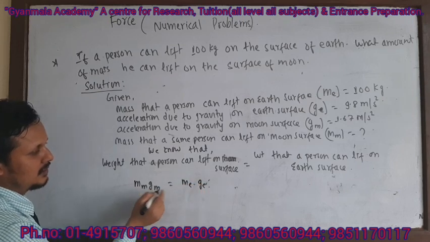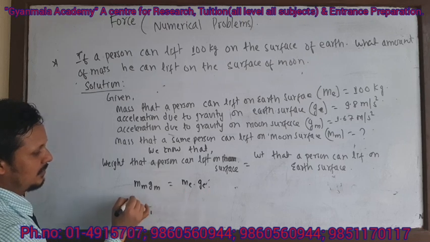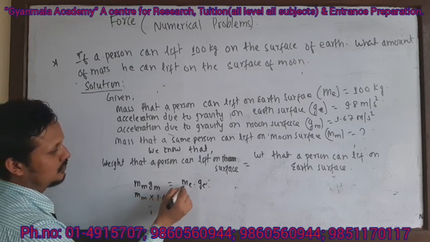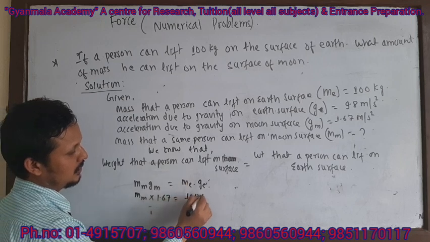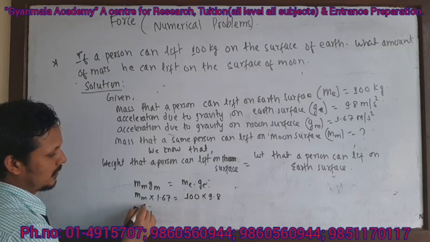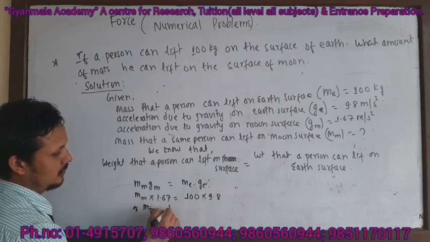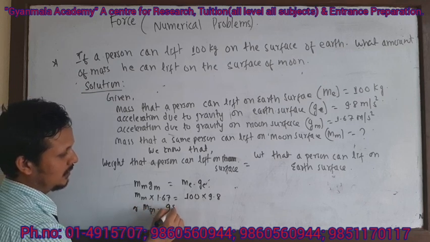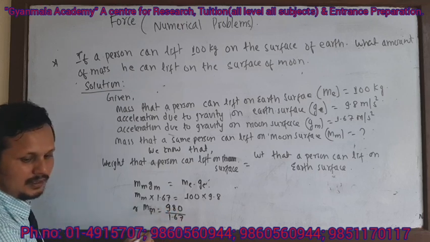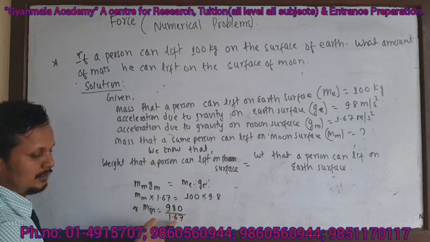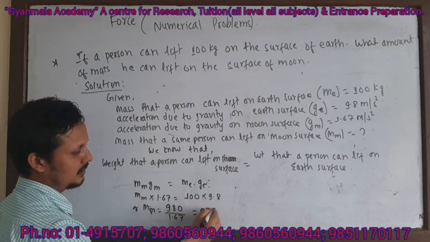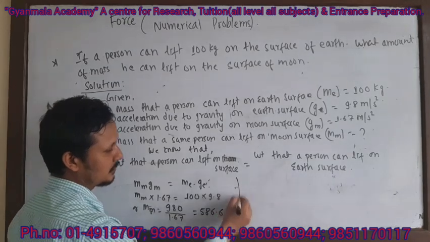We have the values of gM, mE and g, so mM into gM, 1.67, equals to mE, 100, into 9.8, or mM equals to 980 divided by 1.67, equals to 586.6 kg.